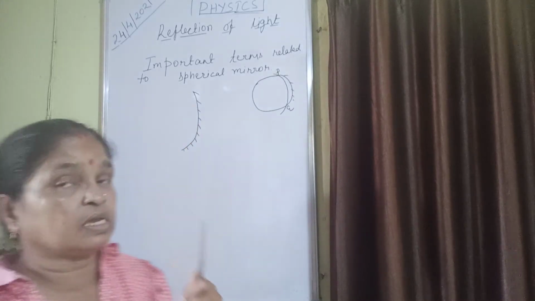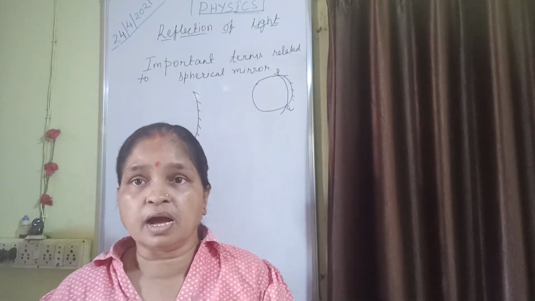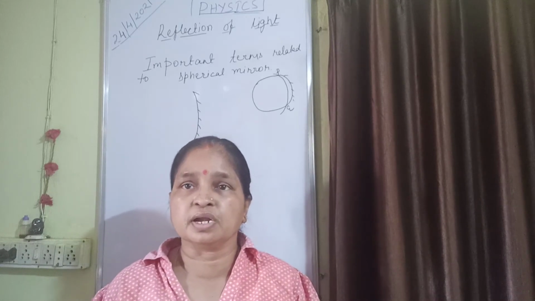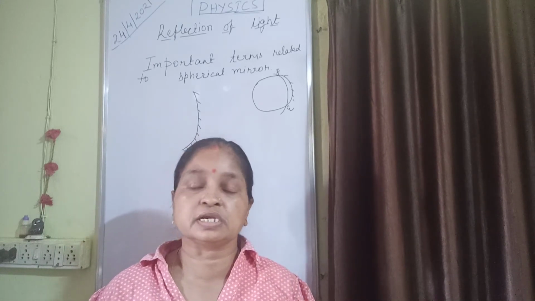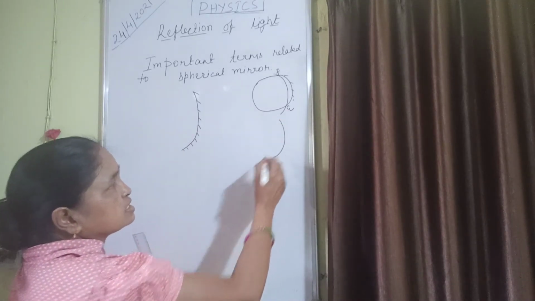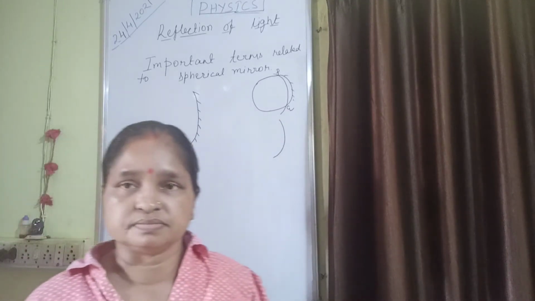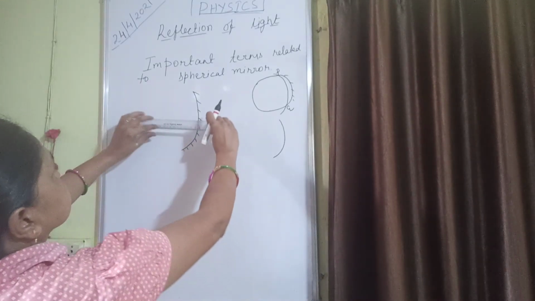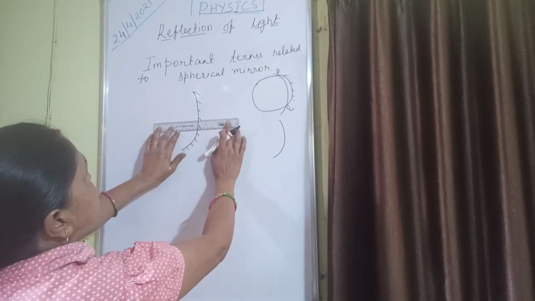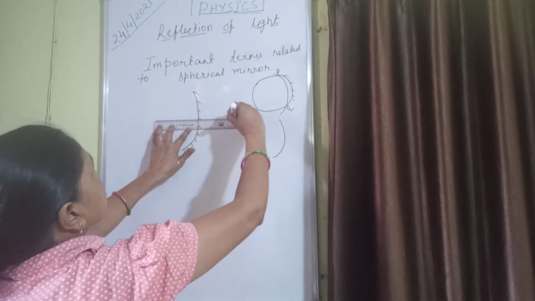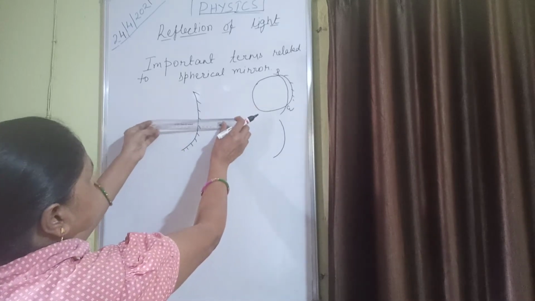First thing, students, be careful: if you are making a mirror, don't forget to polish it. If you don't polish, just draw like this, this is not the mirror. Now what you will do? Draw one straight line in between the mirror.